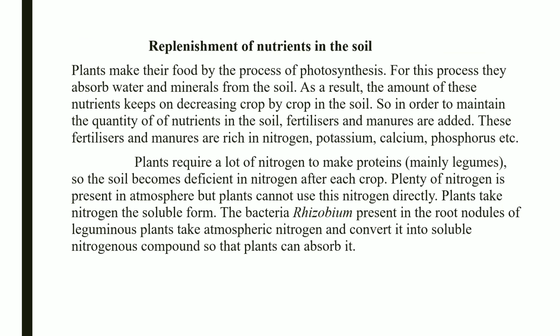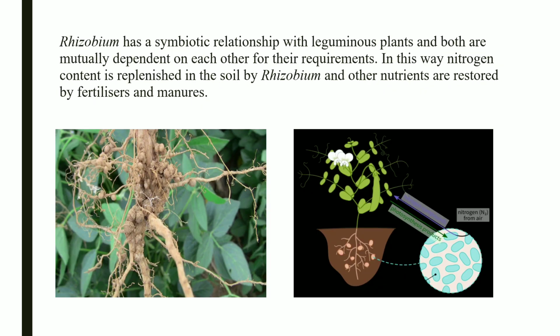You all know that 78% of the atmosphere is nitrogen, but plants cannot take this nitrogen directly. So what does Rhizobium bacteria do? Rhizobium bacteria, present in the roots of the leguminous plant, can fix atmospheric nitrogen in the soil. Now that atmospheric nitrogen is converted into a soluble form, it can be taken up by the plant to make protein.